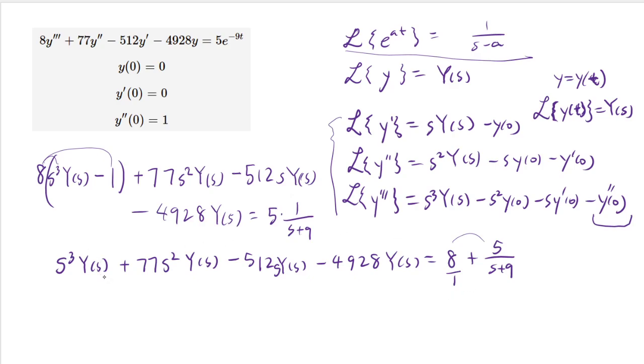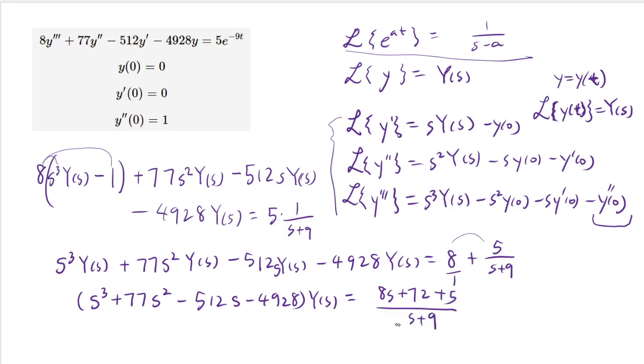And also think of the left side as the following. You can factor out the Y of s and rewrite it as s cubed plus 77 s squared minus 512 s minus 4928 times Y of s, and 8 times s would be 8s. 8 times 9 would be 72, and then you also have 5 all over s plus 9, right?